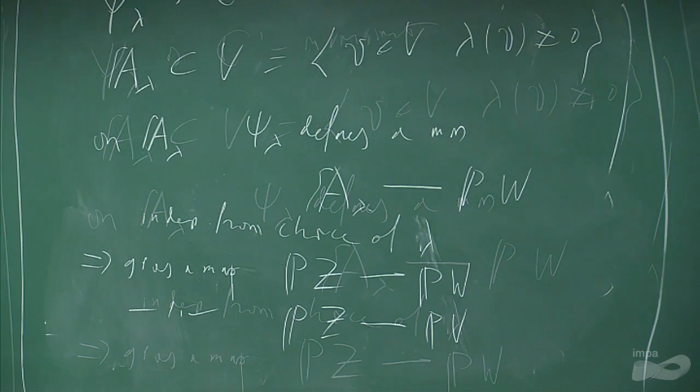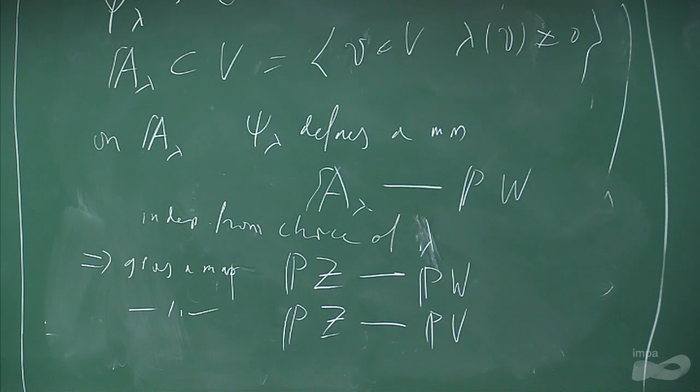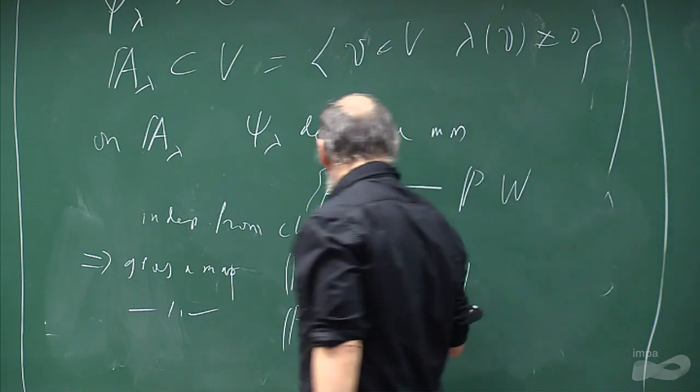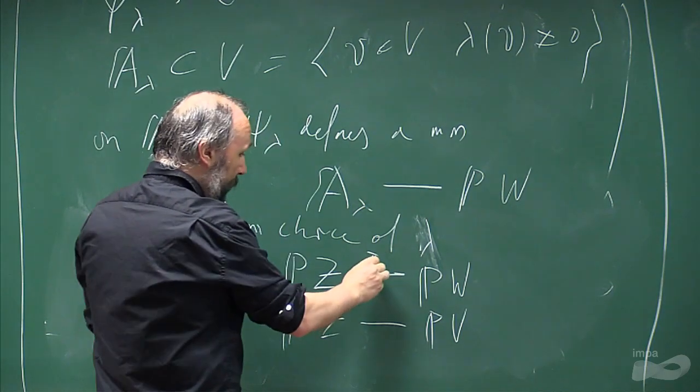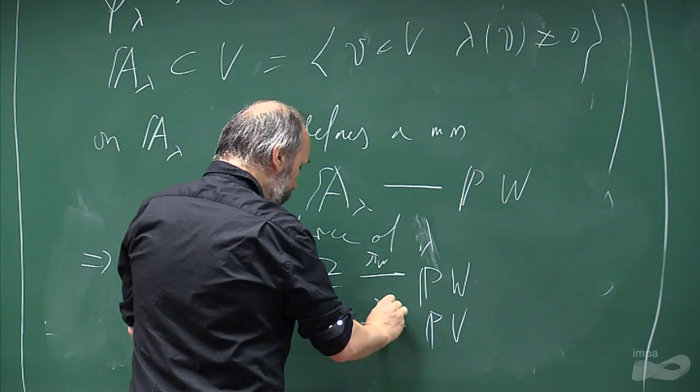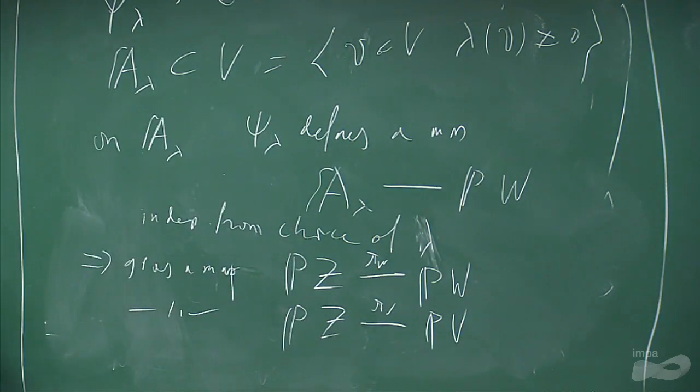Step 2 is to prove that it is an isomorphism. We need to invert this map. So this is called PW, and this is PV. And inverting is actually easier.